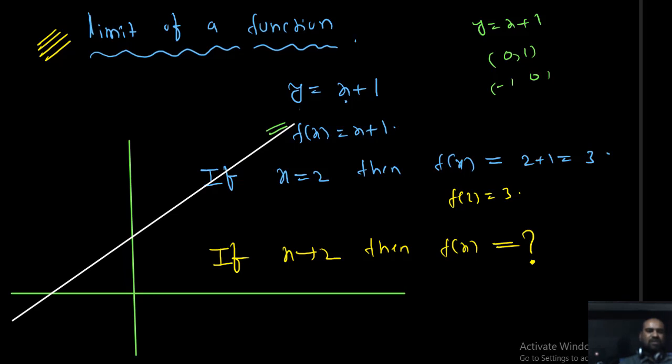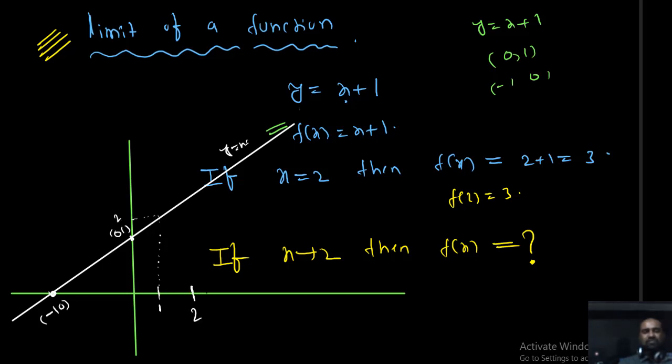So this is the graph of y is equal to x plus 1. This point is minus 1 comma 0. This point is 0 comma 1. For x is 1, we should find the corresponding y. The corresponding y is here, that is 2.